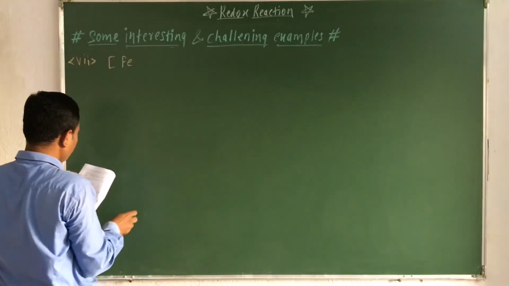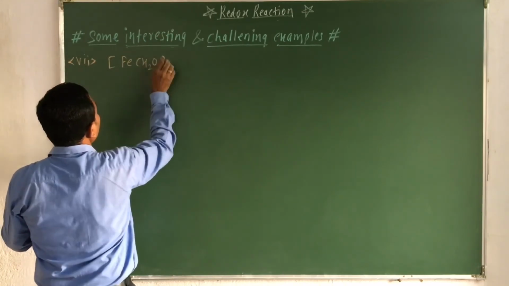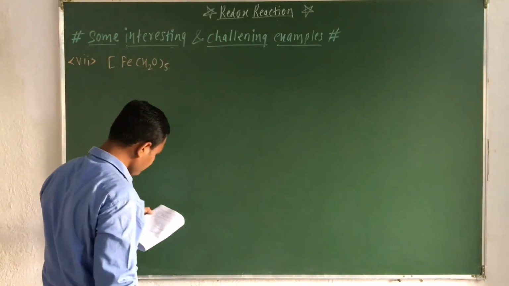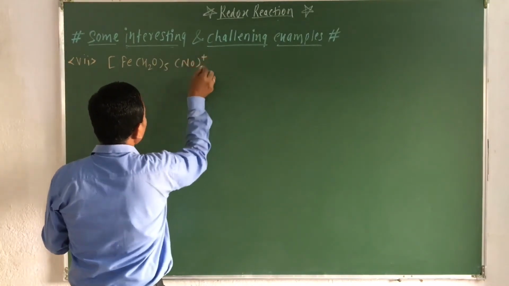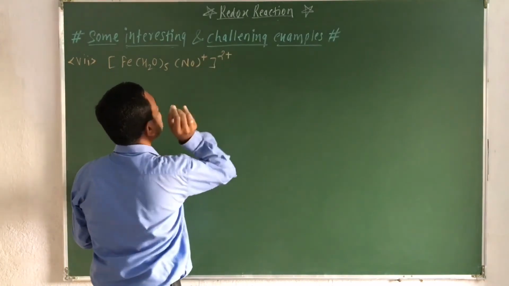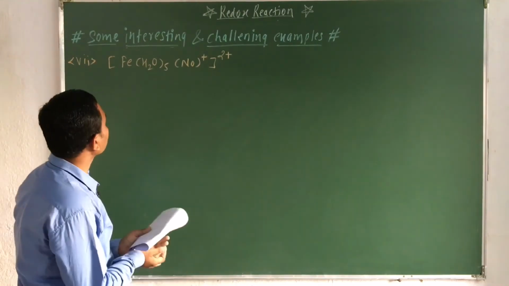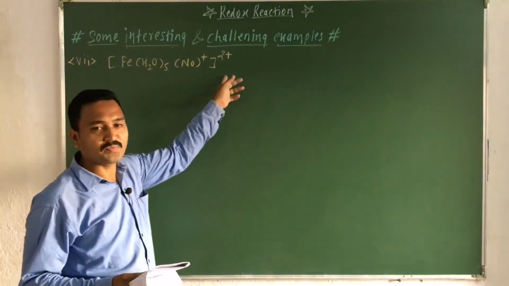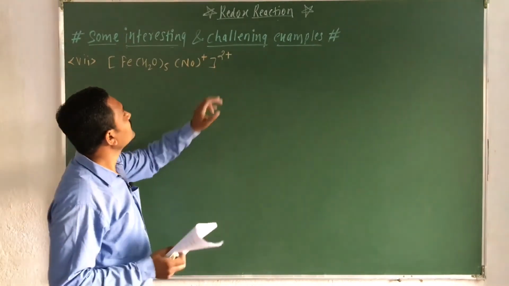[Fe(H2O)5 NO]2+, okay. The plus 2 is the charge on this particular coordination compound, which is generally known as a coordination ion, as it has a charge.